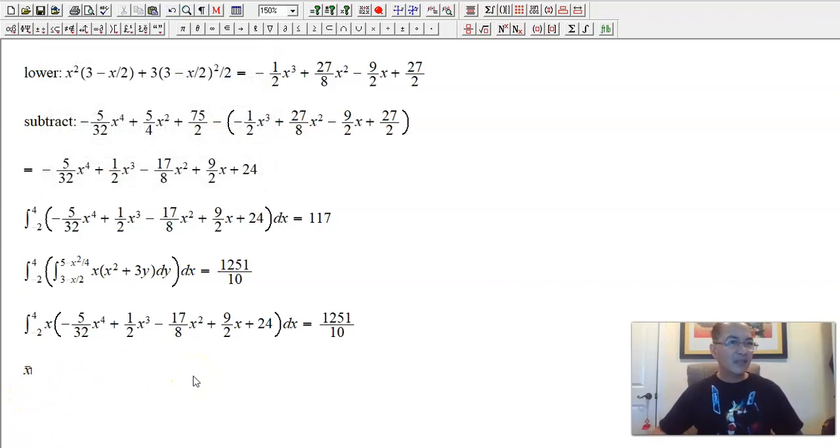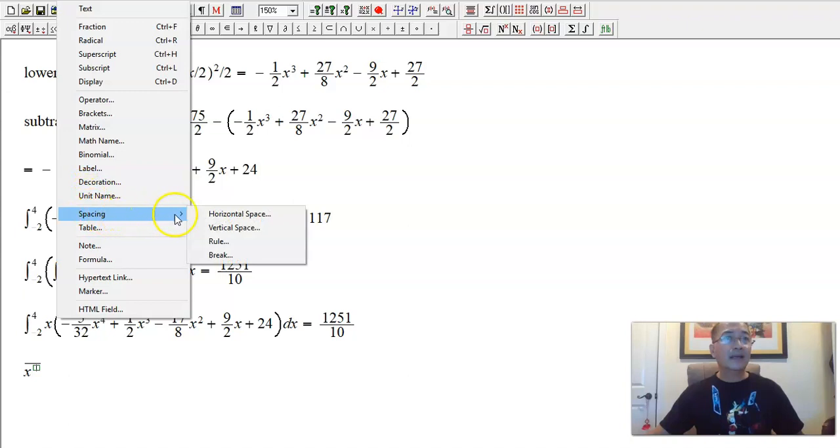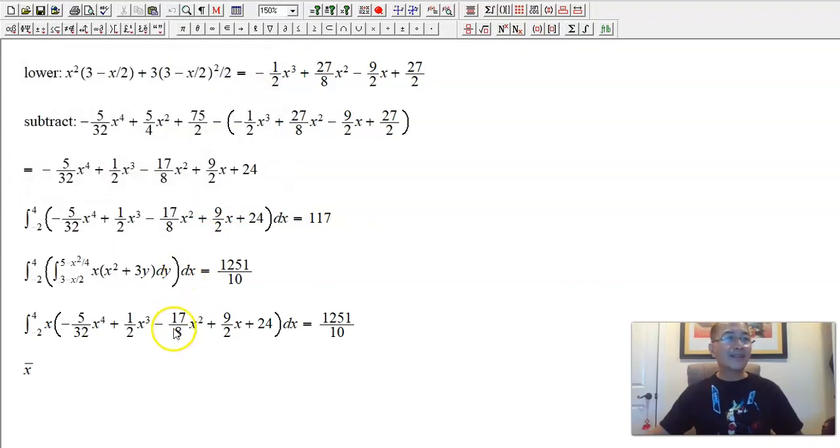It's pretty close to the symbol. I have a little trick. I put a phantom superscript, and I insert a horizontal space, a small thin space. There you go. You don't see that space when it's printed in the PDF, but you get this nice gap between the bar and the x.